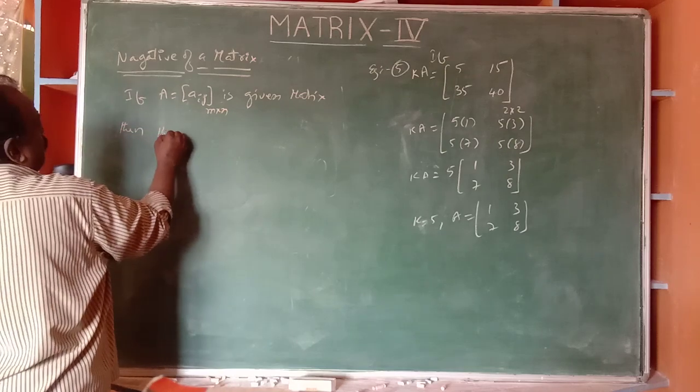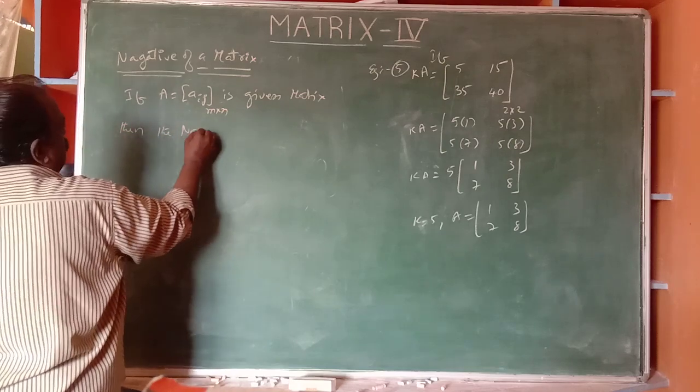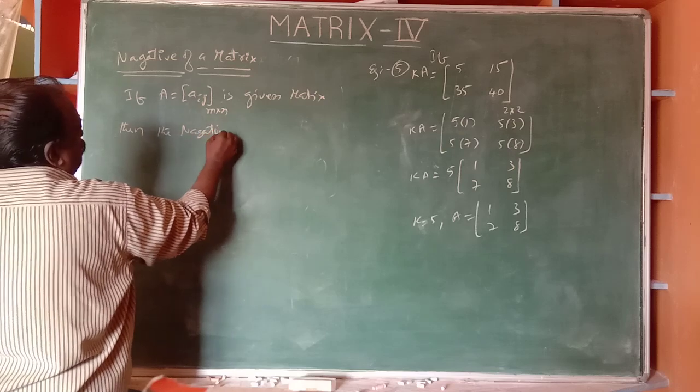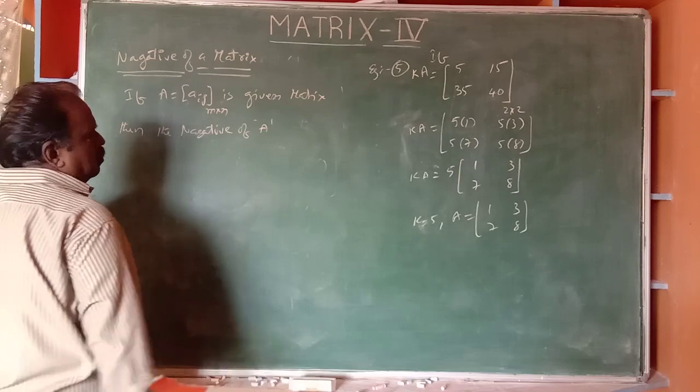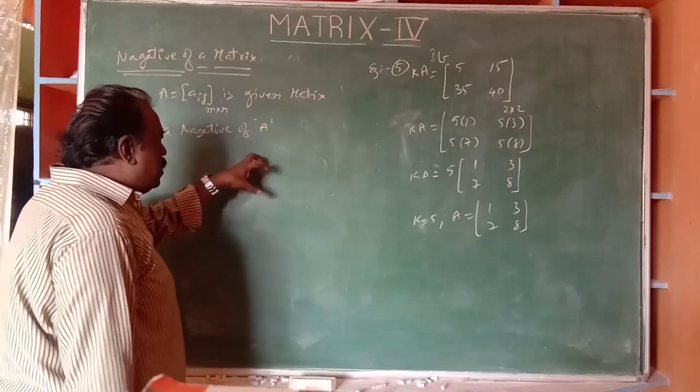Then the negative of A means the negative matrix of a given matrix.